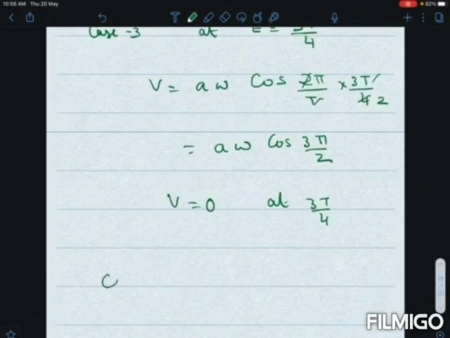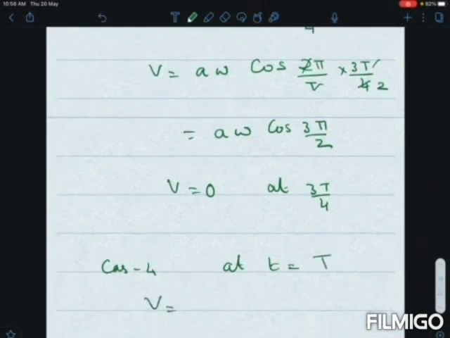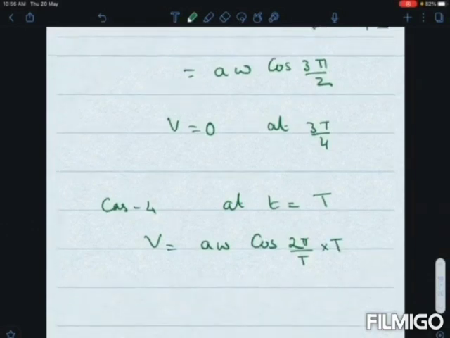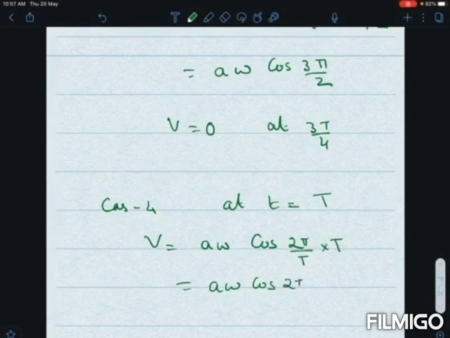And the next case is case 4, at t is equal to capital T itself, the time period. So V is equal to a omega cos 2 pi by T into capital T. It is cos 2 pi. A omega cos 2 pi, so that is equal to a omega itself.